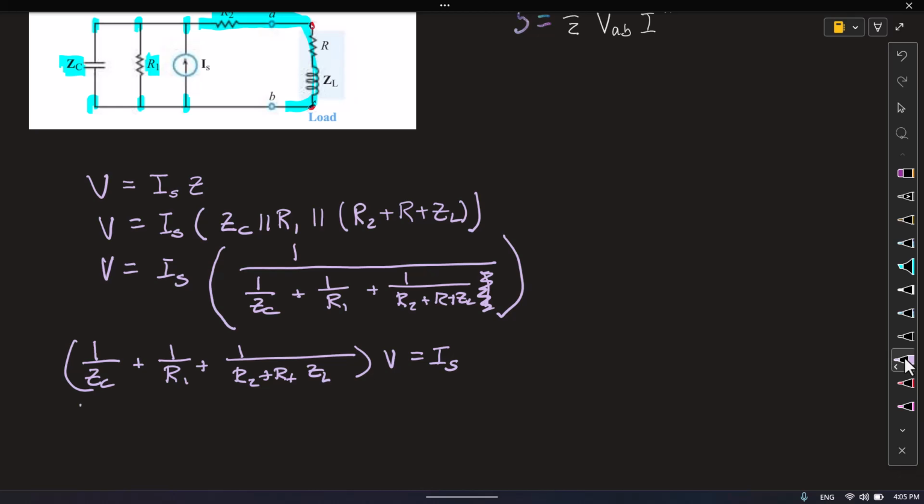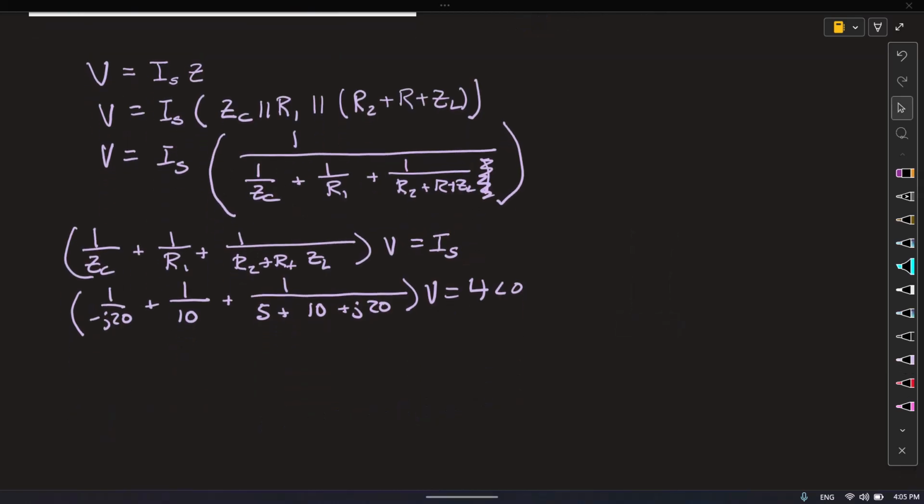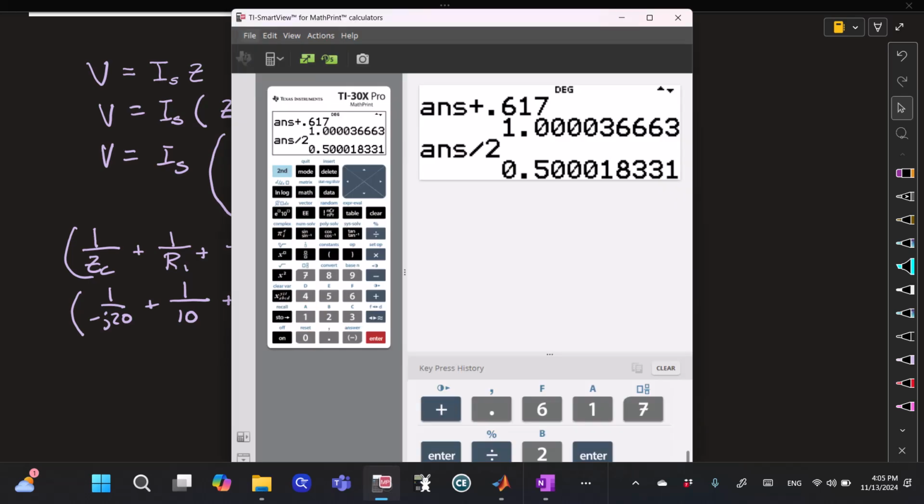And so that would be 1 over ZC, which was minus J20, plus 1 over R1, which was 10, plus 1 over R2 was 5 plus R, which is 10, plus ZL, which is J20, times V equals IS, which is 4 angle 0. So then I can just find that value.